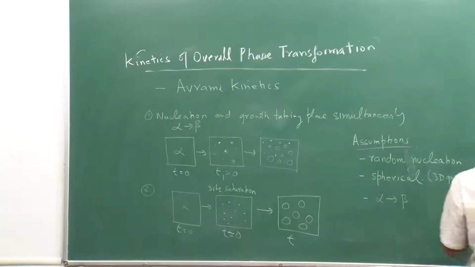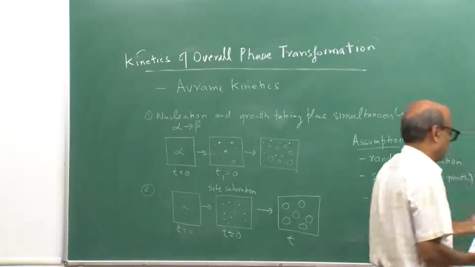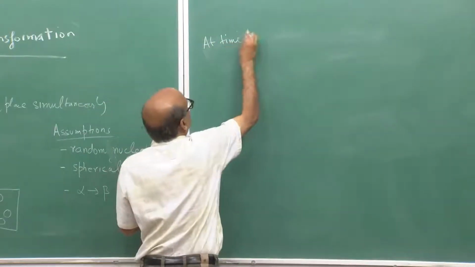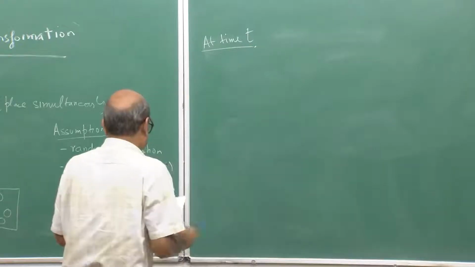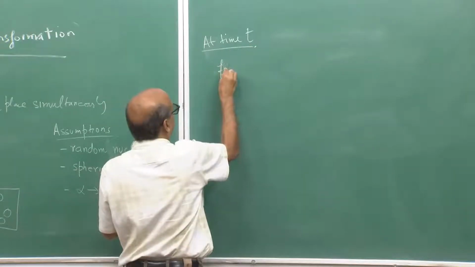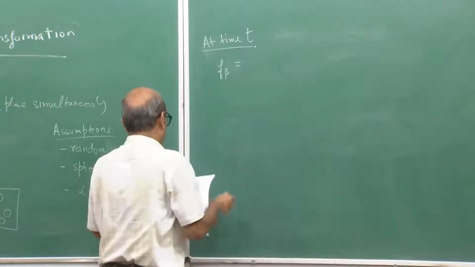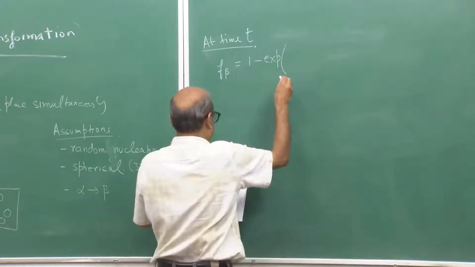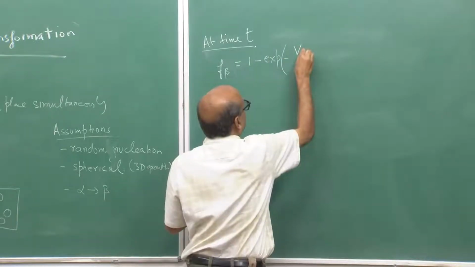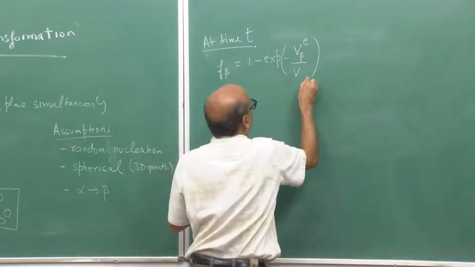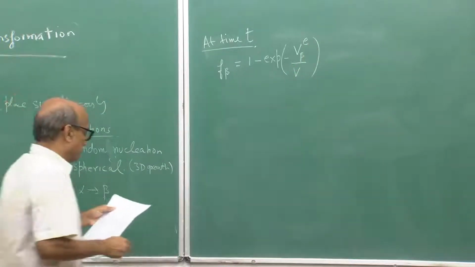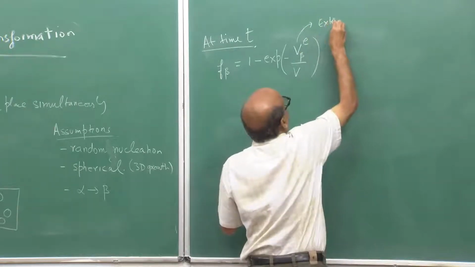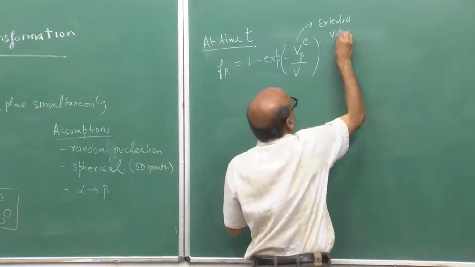So, the Avrami analysis shows that at time t, the fraction of beta transformed is given by 1 minus exponential minus V beta E divided by V, where V beta E is termed as the extended volume.